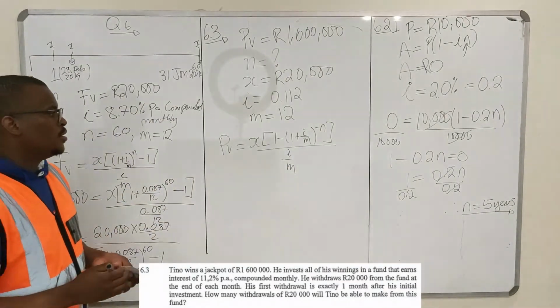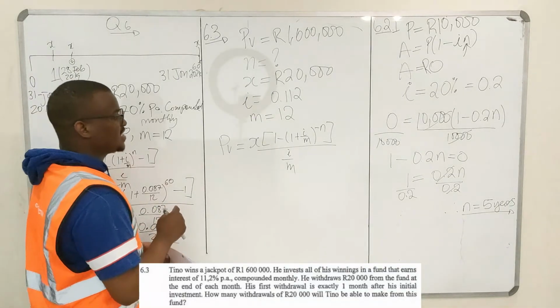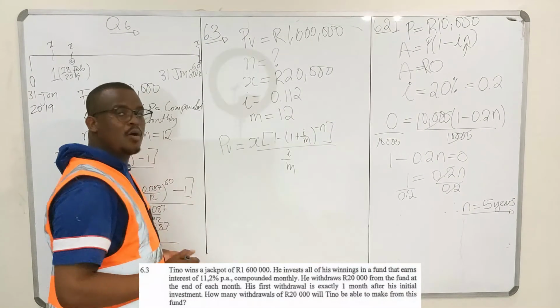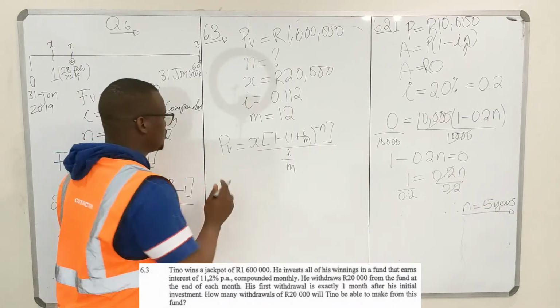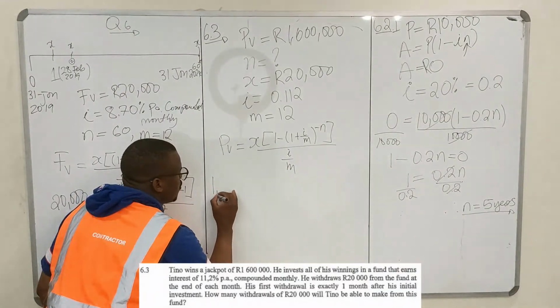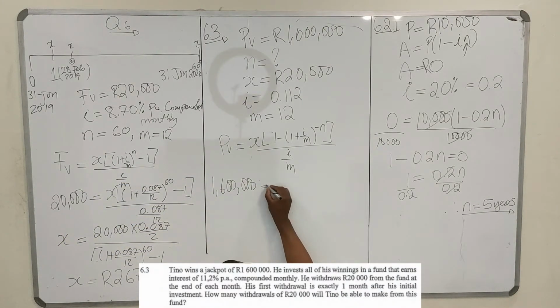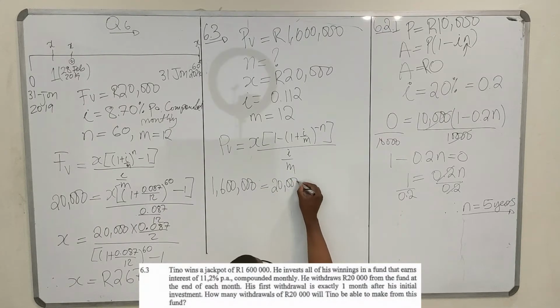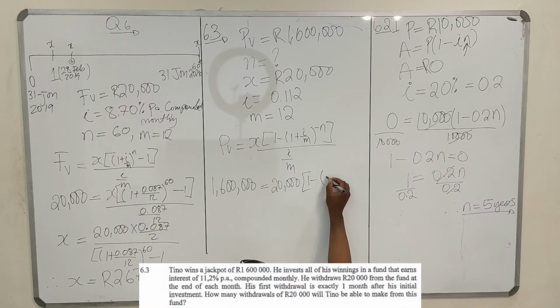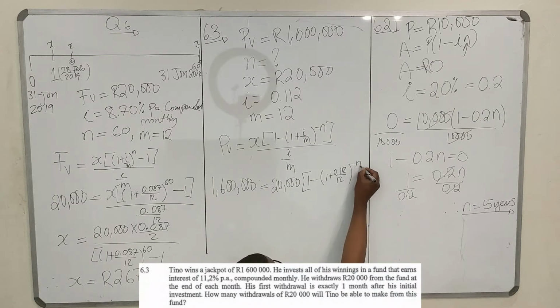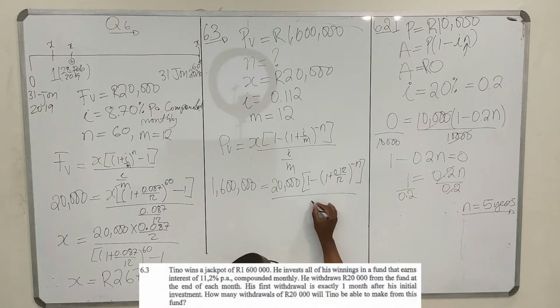So you know almost everything except for what you want, which is the number of payments, n. So present value 1.6 million is equal to these monthly withdrawals of 20,000 times 1 minus (1 plus 0.112 over 12) raised to negative n, all over 0.112 over 12.